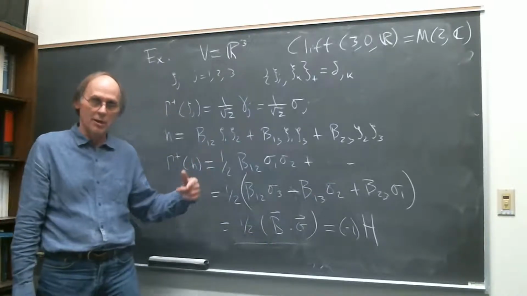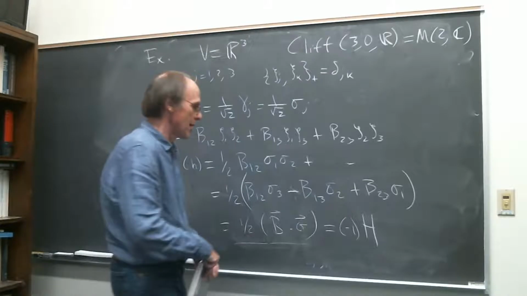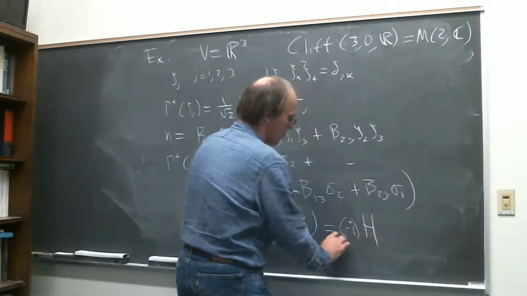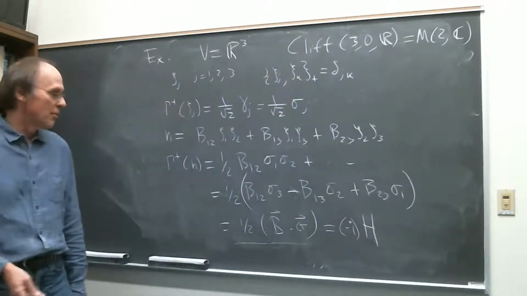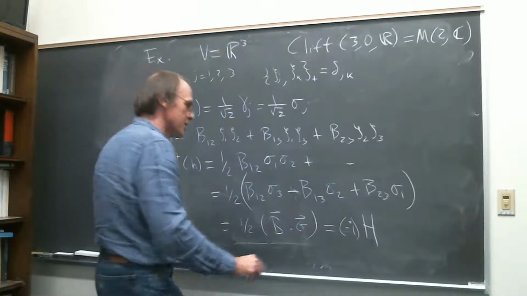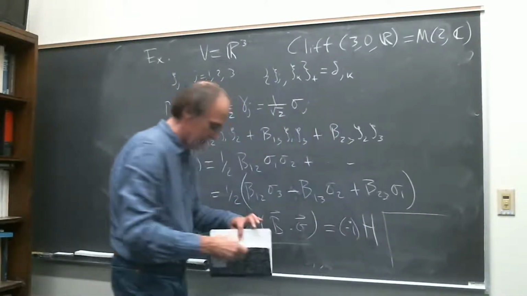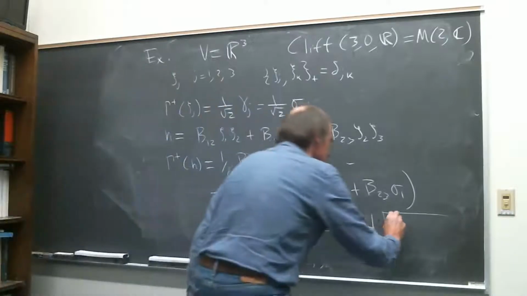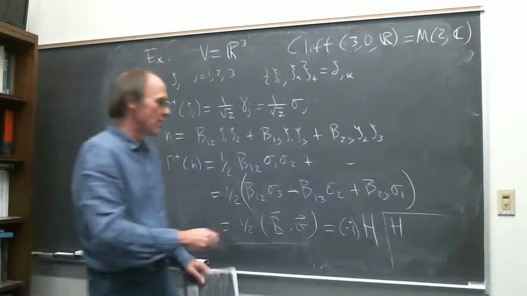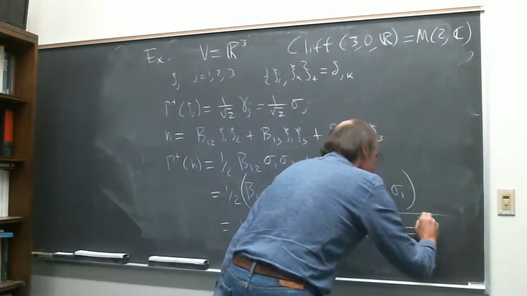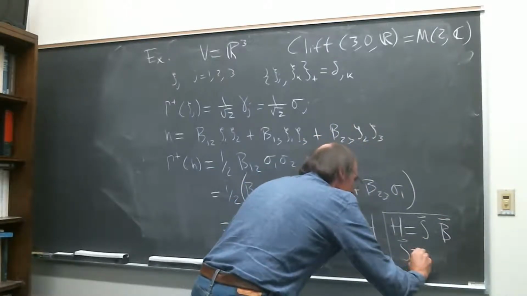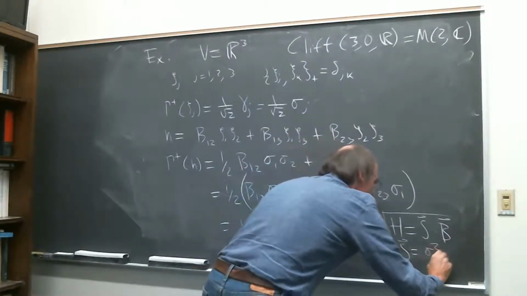So when you exponentiate them, they're unitary, and so you have to put a minus i in here to define the Hamiltonian as a self-adjoint Hamiltonian. But if you do that, the Hamiltonian is just, let's see if I keep the signs right, minus the B vector dot S vector, where S vector is sigma vector over 2.